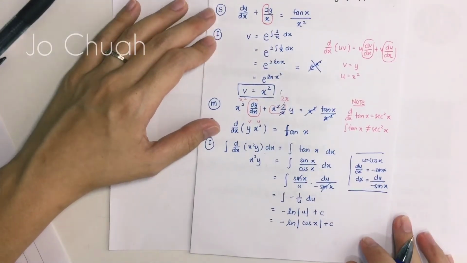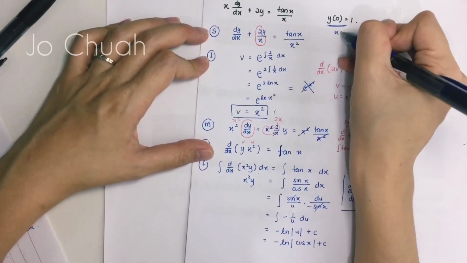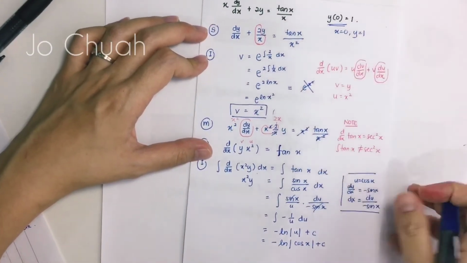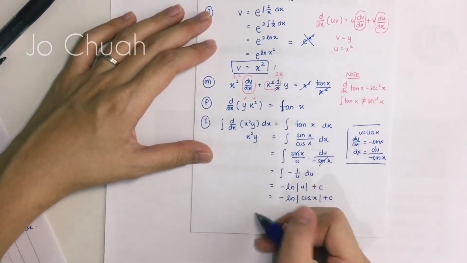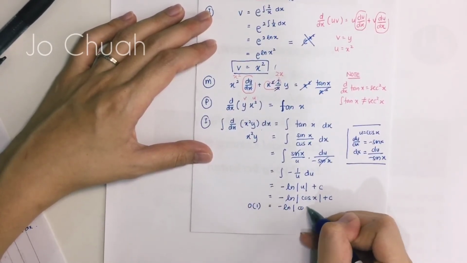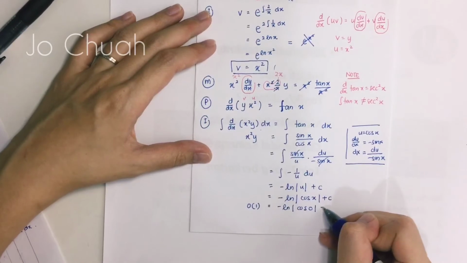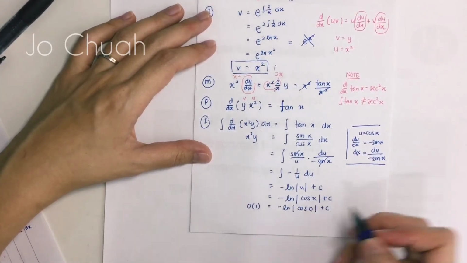And we are not done yet because we still have this one, x equals 0, y equals 1. Put everything in here. So you're going to have 0 times 1 equals negative ln cos 0 plus c. Cos 0 is 1. Ln 1 is 0.